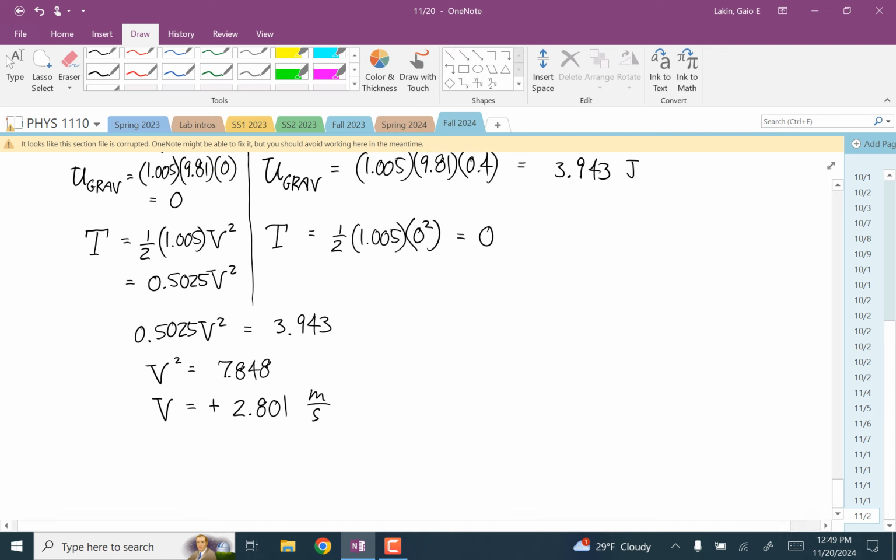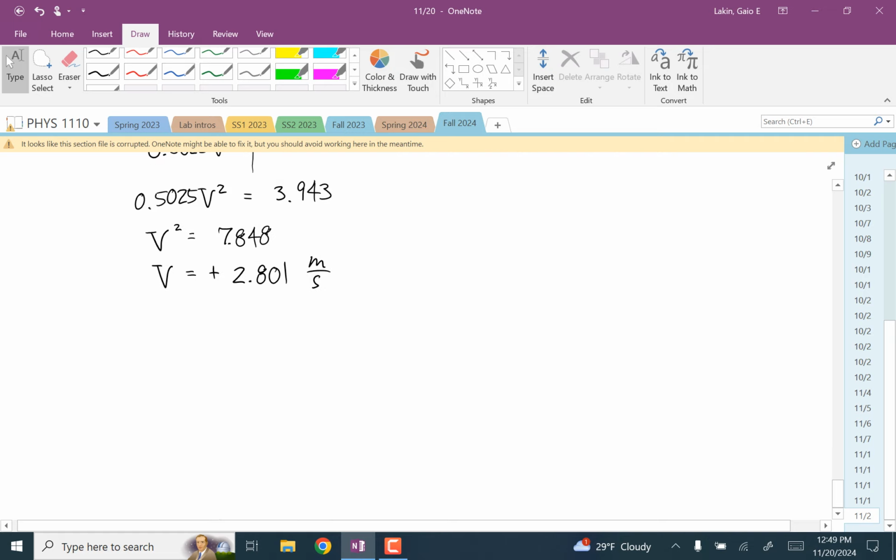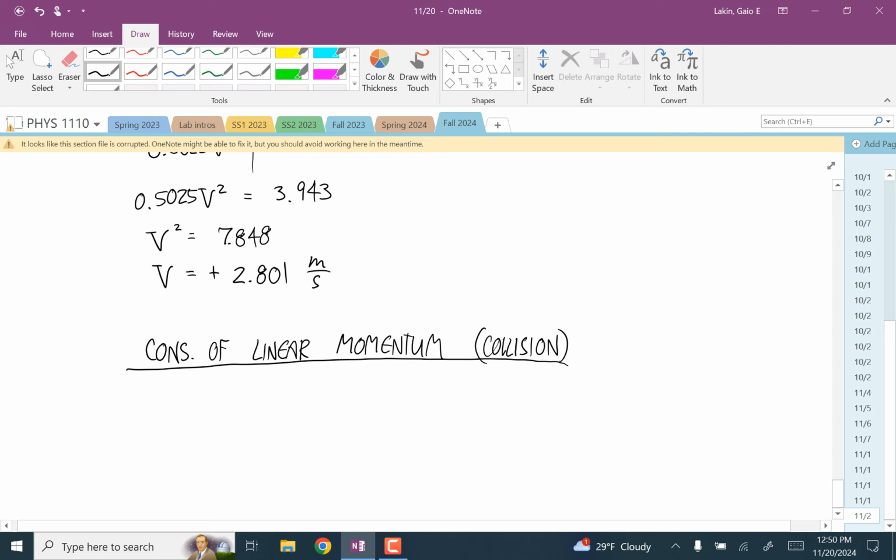Okay, now we're going to use conservation of linear momentum for the collision. And this is an inelastic collision like we're used to, because these two things stick together after the collision. So we can do this the way we've always done these.